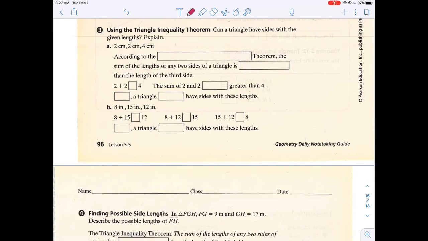Number 3, use the triangle inequality theorem. Can a triangle have the sides with the lengths 2 centimeters, 2 centimeters, and 4 centimeters?